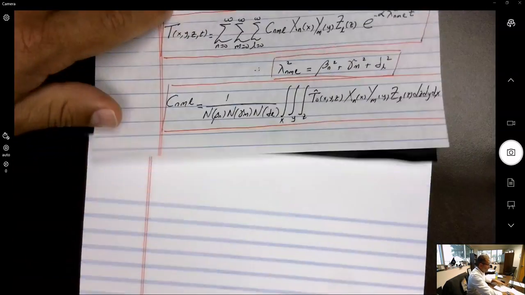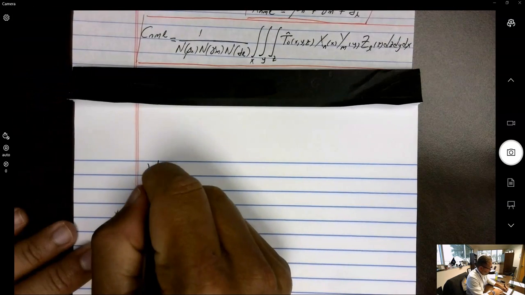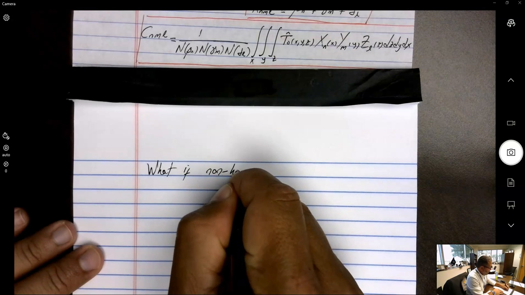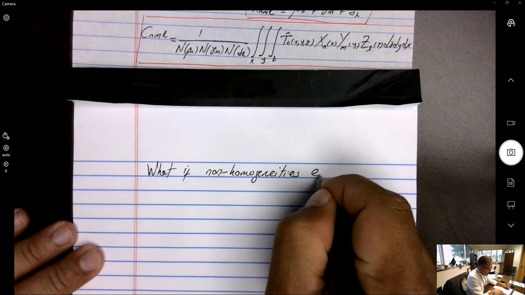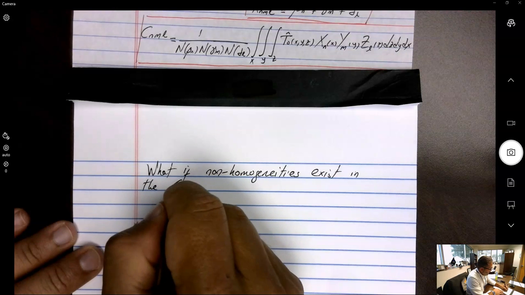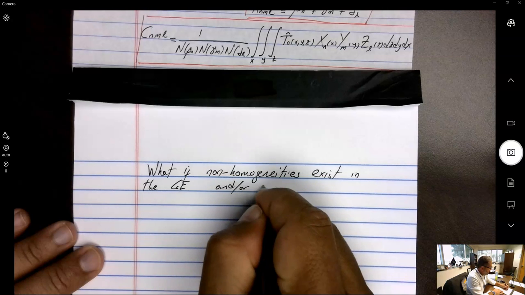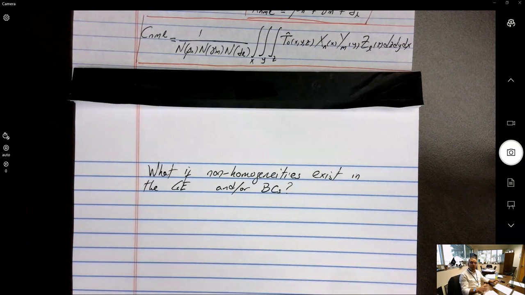Now, what if non-homogeneities exist in the governing equation and/or boundary conditions? So we said that separation of variables will only apply if everything is homogeneous except the initial condition.